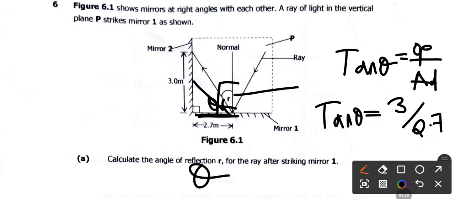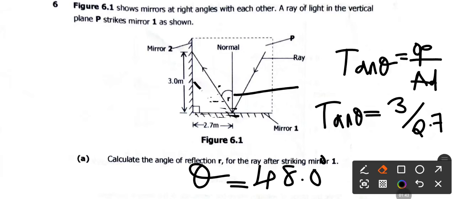So then if I say theta is equal to, let me punch this on my calculator, tan inverse, this is giving me a value of approximately 48.0 degrees, meaning that the angle here from there to there is equal to 48 degrees.